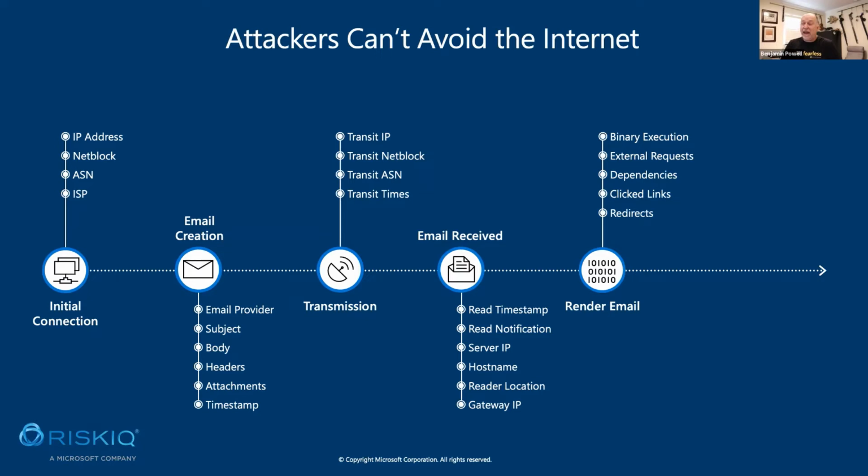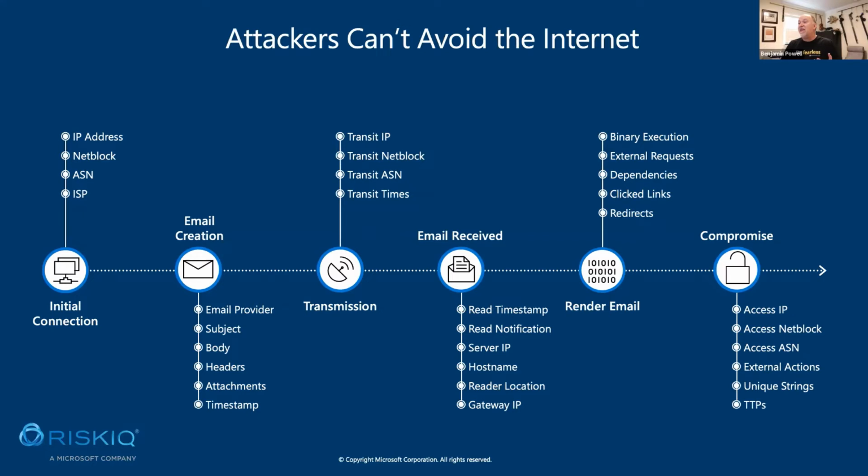Now, you can have binaries that execute. There could be some dependencies that are in there from things going in and out of those emails. When they click on it, there could be some redirects. And then once they're compromised, you're going to have an internal IP address. You're going to have that network block, the ASN they're associated with, and any external things that you might do, like lateral movement.